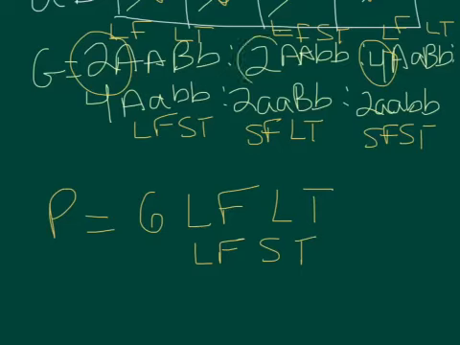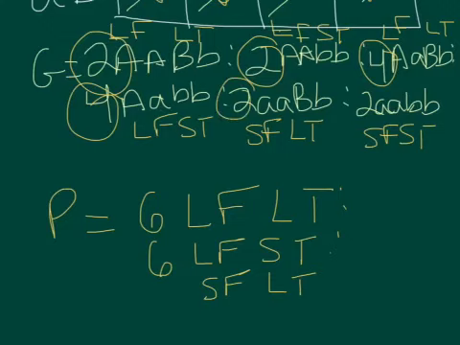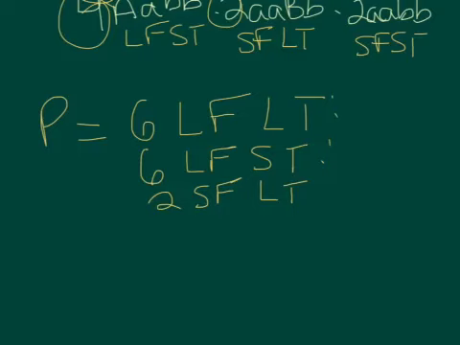Well, we have 2 here and we have 4 here, so that would be 6 of those. How many short fur, long tails do we have? We just have 2 here. And then how many short fur, short tails do we have? We just have 2 of those. That would be these right here.